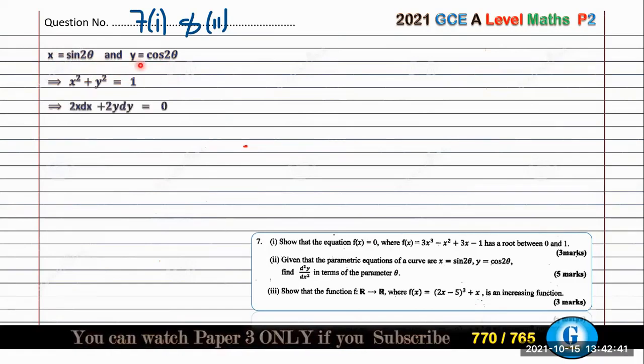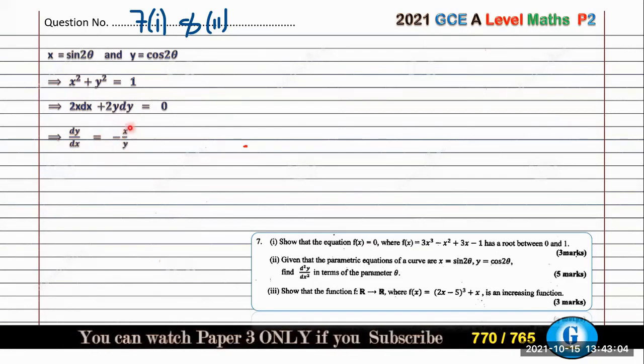Then we differentiate implicitly. Differentiating x squared with respect to x, we have 2x, plus differentiating y squared, we have 2y dy/dx, and differentiating 1, we have 0. So we simplify this, and dy/dx will be equal to minus x on y.